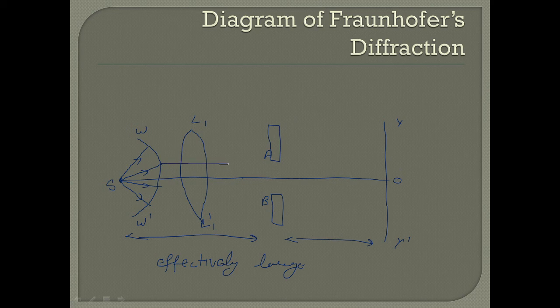It produces a parallel beam of light and gives a wavefront in the form of WW1, a plane wavefront.